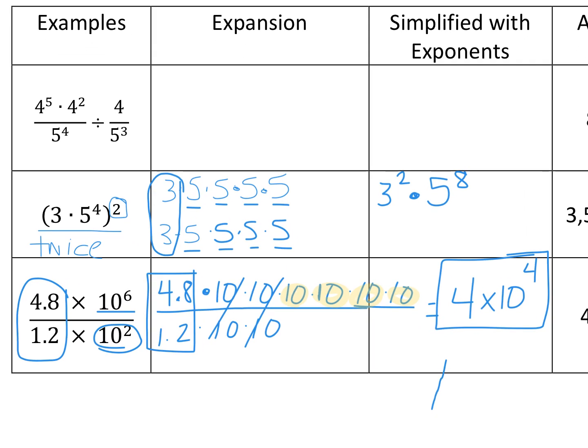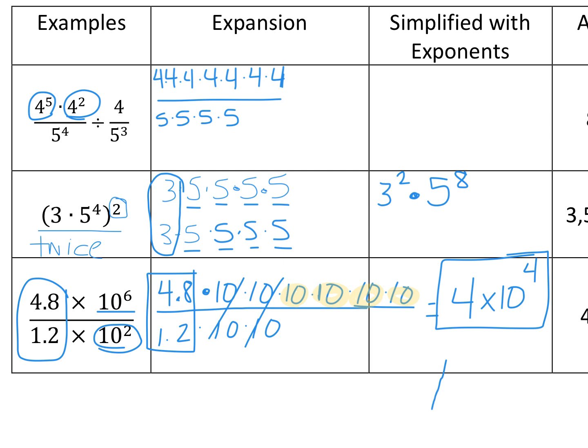So I have 4 to the 5th. So I'm going to write that 5 times: 1, 2, 3, 4, 5, times 2 more 4s, 1, 2. I'm not going to worry about this divide just yet. Over 5 to the 4th, so I have 5, 5, 5, 5.